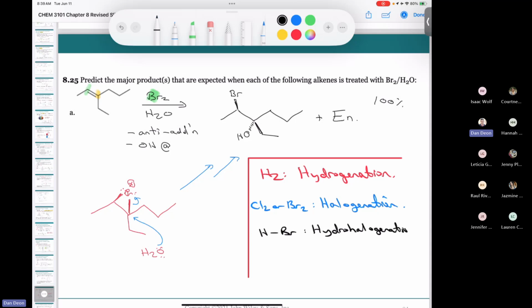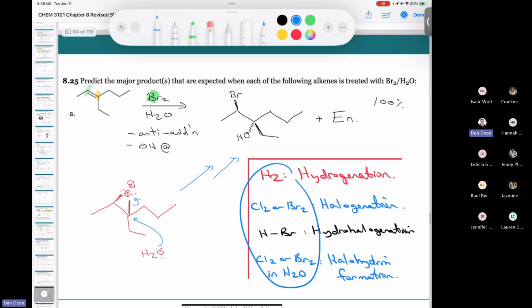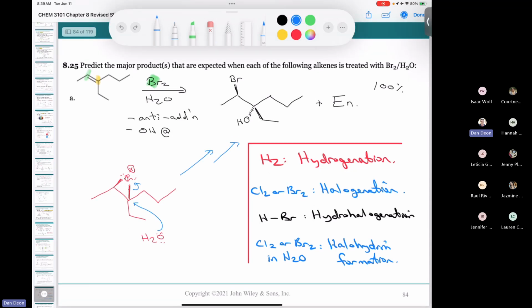And if you do a halogenation, meaning chlorine or bromine in H2O, that's called halohydrin formation. Just to kind of sort those out in your brain, I remember being a student going like, which one's halohydrin, which one's hydrohalogenation, and getting them mixed up a little bit. Most of my students just remember what the reactions are. But if you want to get the names straightened out, these are the proper names that we have for these reactions.